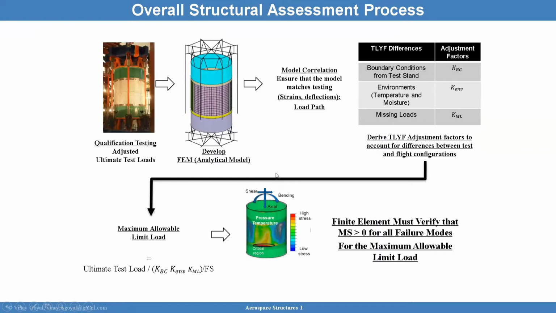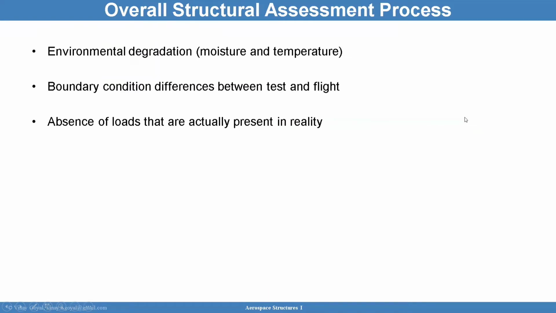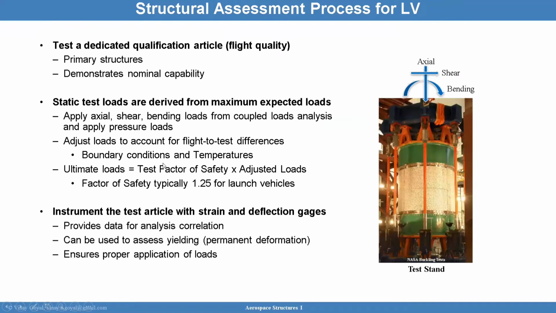These factors are going to be greater than one: the boundary condition factor, the environmental factor, the missing loads. So these ultimate loads could be quite high actually, greater than 1.25 after you adjust for all the differences that you have.